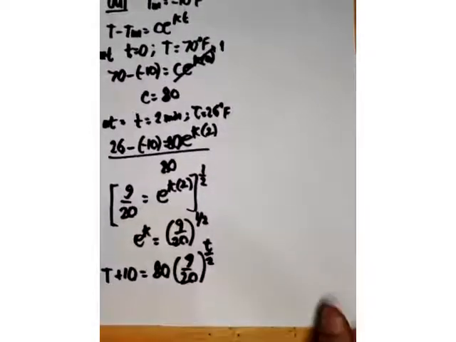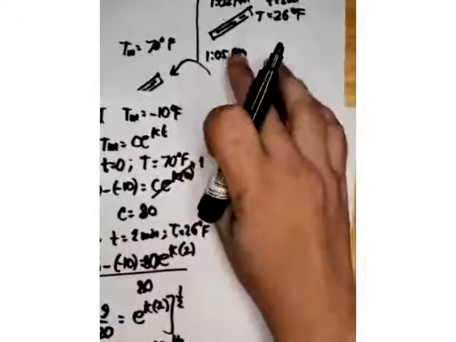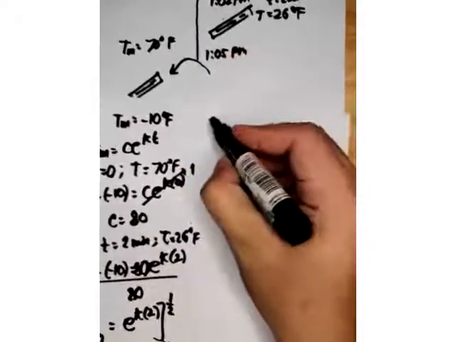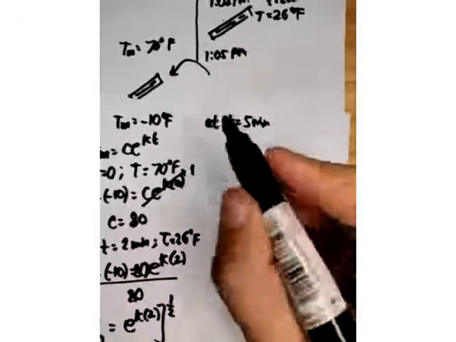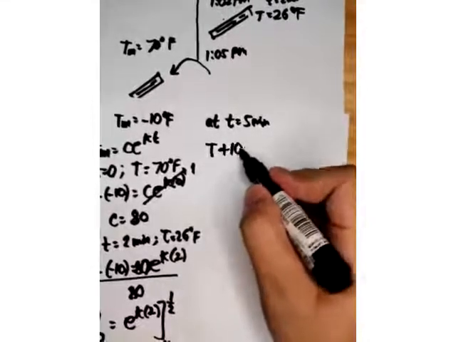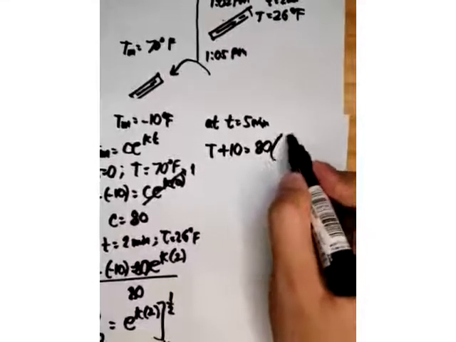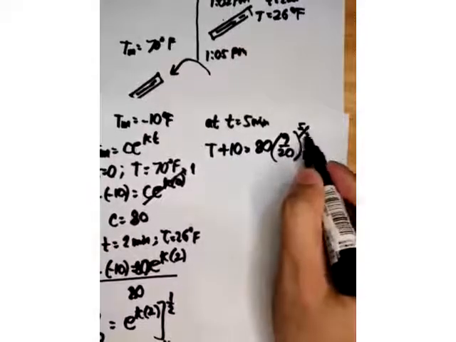So ano ba yung target natin? So ang target kasi natin is kunin na muna natin yung temperature at 1:05. So therefore, at T is equal to 5 minutes, ano yung ating temperature? So temperature is T plus 10 is equal to 80 times 9/20 raised to 5/2.